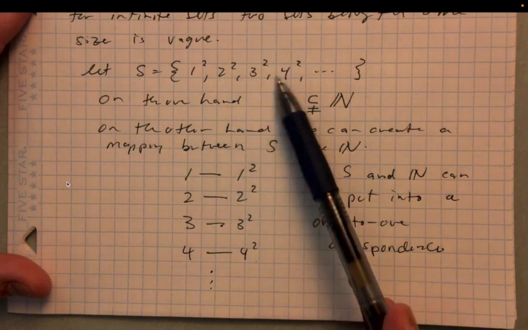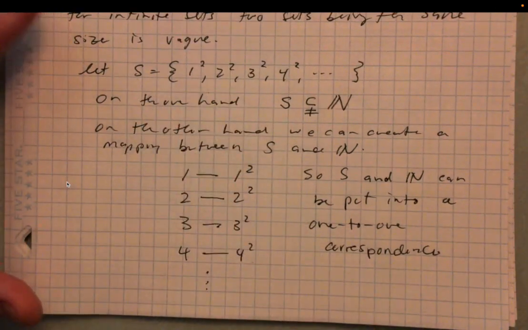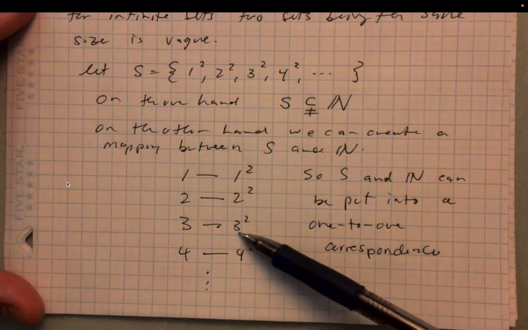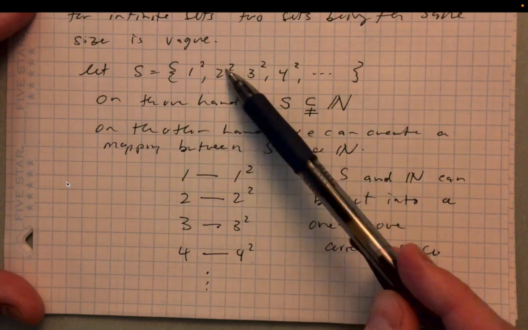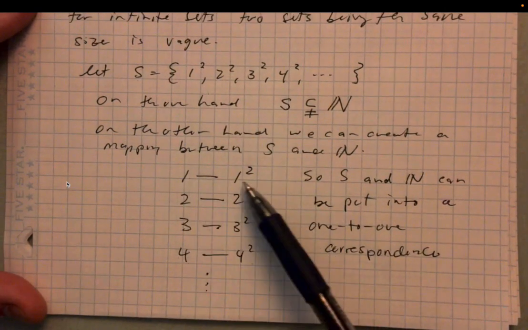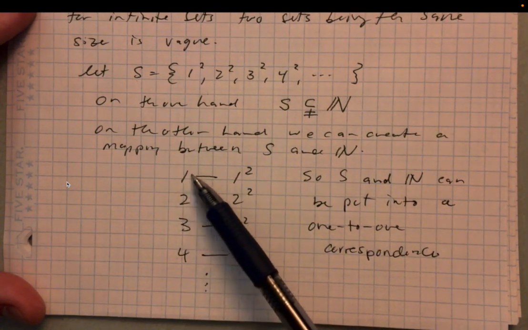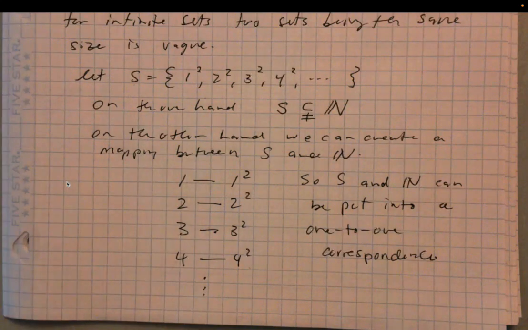So there are all these natural numbers in between the squares that are not in S. And yet, we can see that S can be put into a one-to-one correspondence with the natural numbers, such that every element in S maps to one and only one element in the natural numbers.